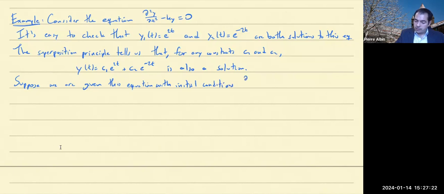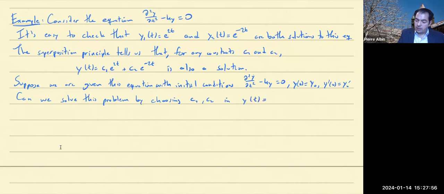Right, so say we had the second derivative of y with respect to t squared minus 4y equal to 0, and we were told y of 0 is y naught, y prime at 0 is y naught prime. Right? Can we solve this problem by choosing C1, C2 in our solution?